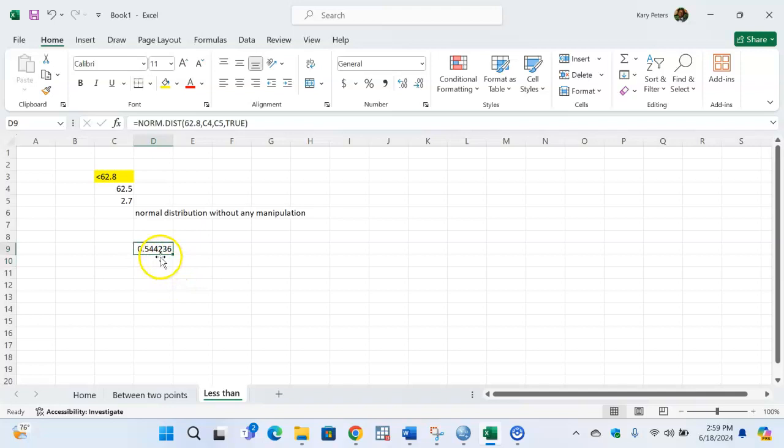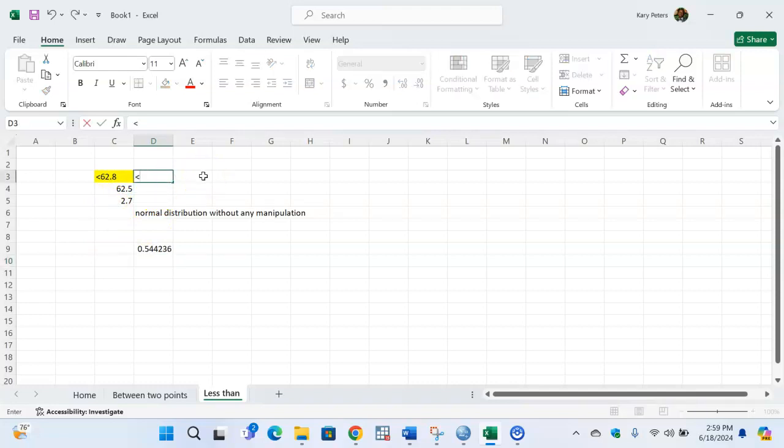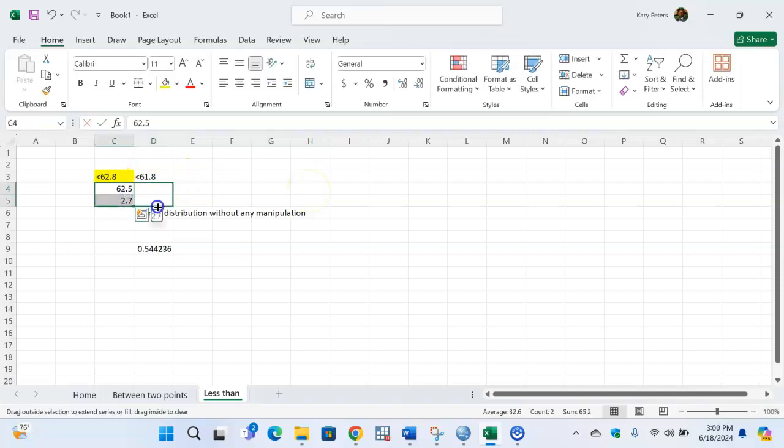So this is when it's finding less than. Same thing if they asked us if in this case X is less than 61.8. What do we do? So still the mean and standard deviation, sorry.